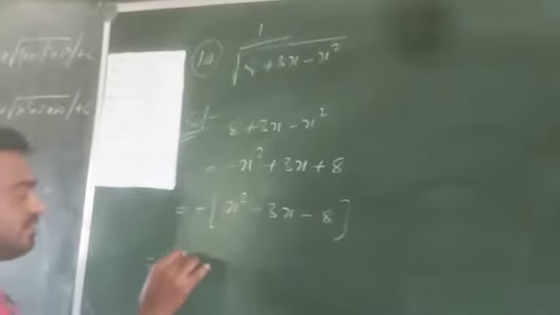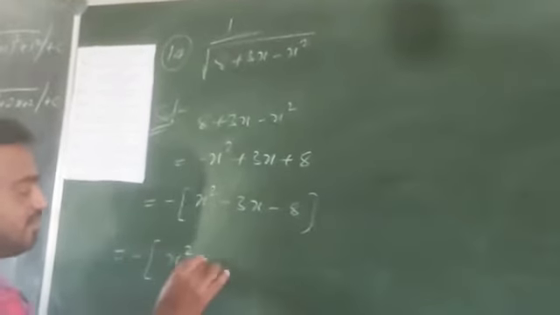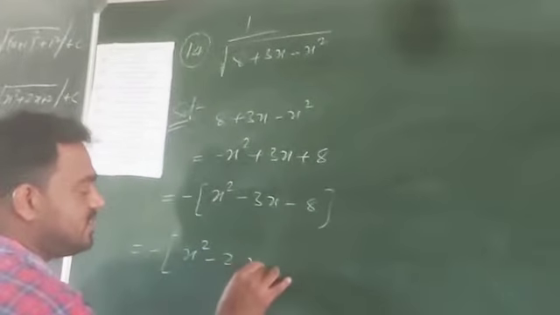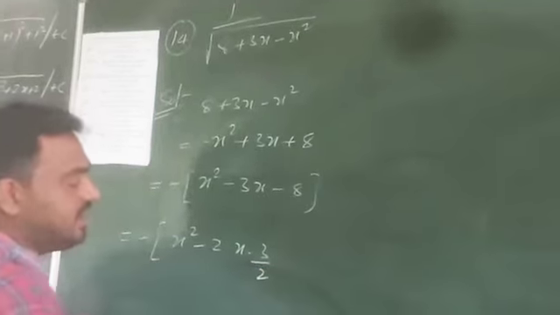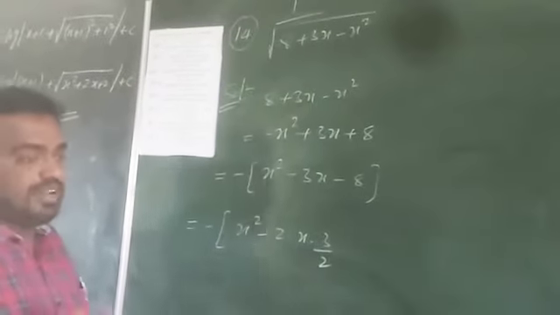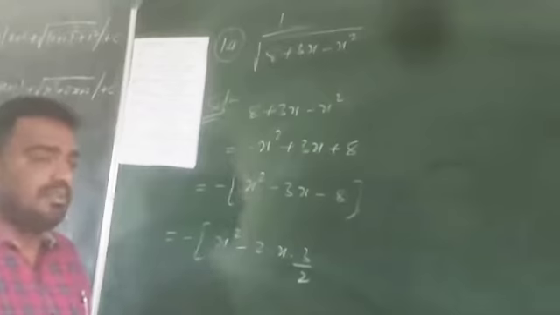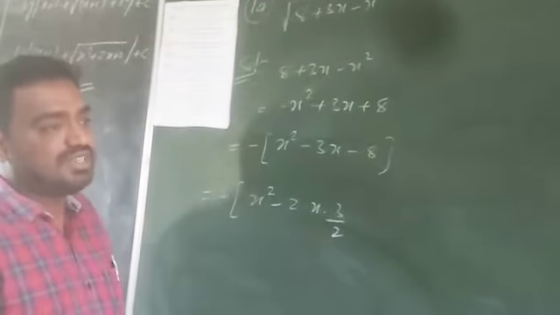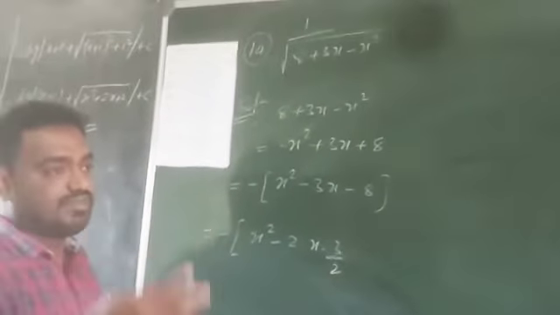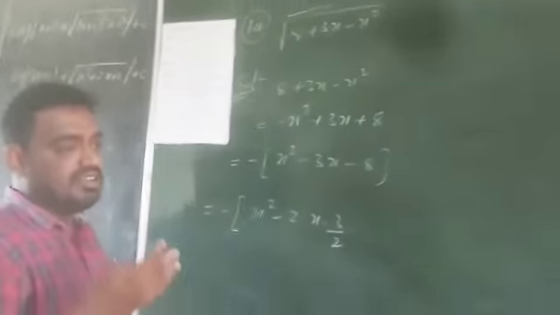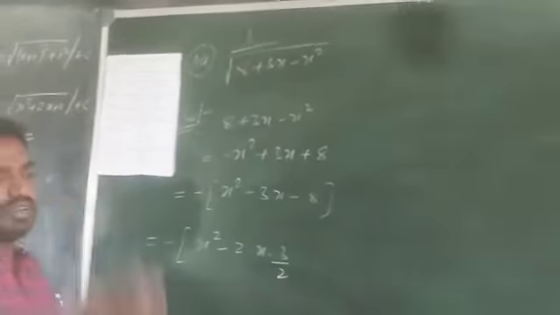This is equal to minus x square minus 2 into x into 3 by 2. Why? For a plus b whole square the formula is a square plus 2ab plus b square, and for a minus b whole square it is a square minus 2ab plus b square.